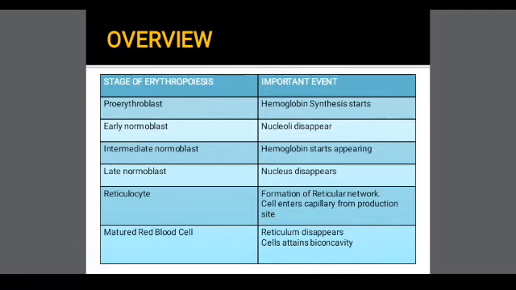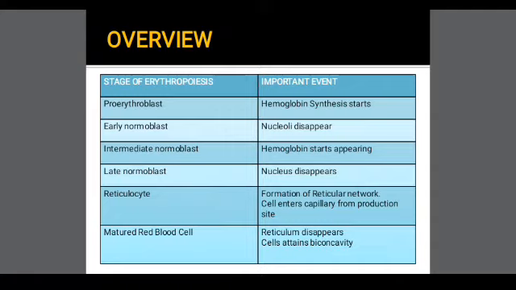So let's look at an overview of the stages of erythropoiesis and the important events that take place. The proerythroblast stage is characterized by hemoglobin synthesis. Early normoblast, the nucleoli begin to disappear. Intermediate normoblast, the hemoglobin starts appearing. Late normoblast, the nucleus disappears.